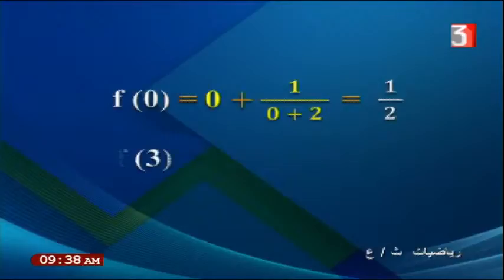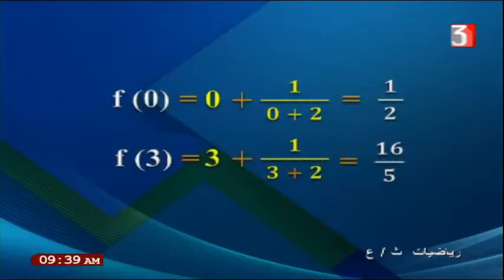Now the value of y when x equals 0, which is f of 0, equals 0 plus 1 over (0 plus 2), which equals half. And f of 3 equals 3 plus 1 over (3 plus 2), which equals 16 over 5. We note that the value half is the smaller value and 16 over 5 is the greater value.